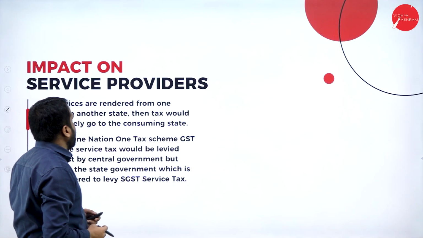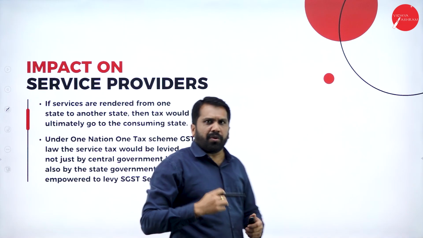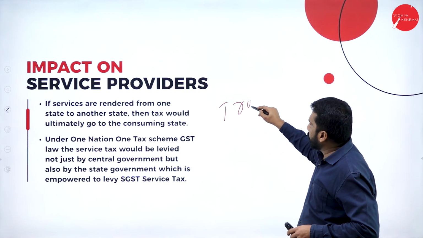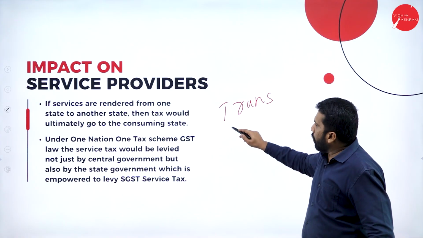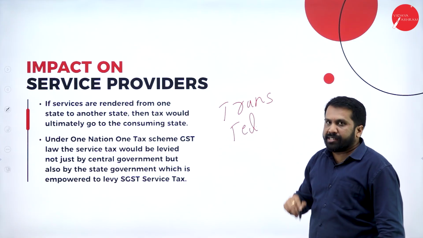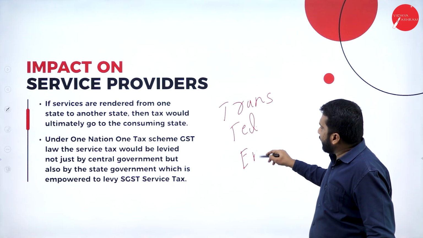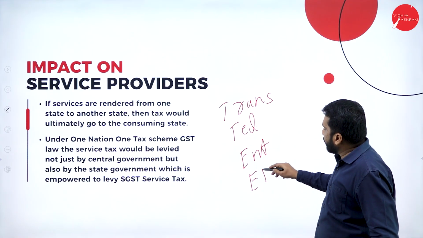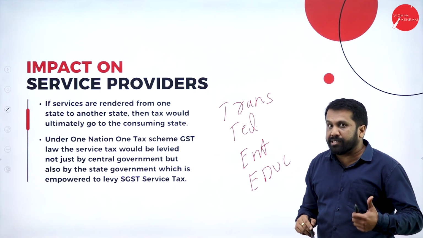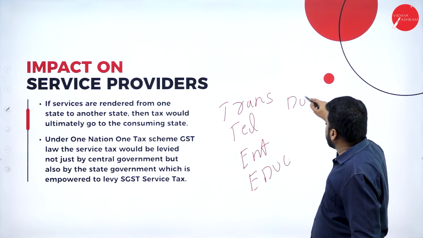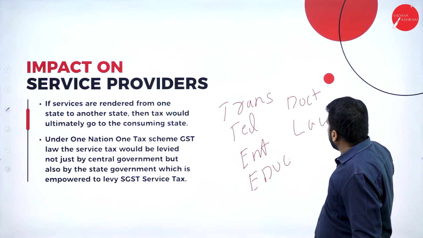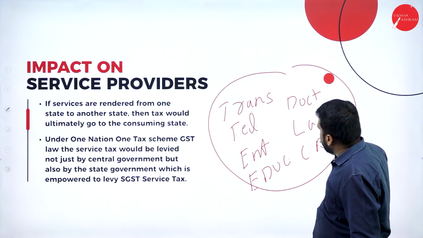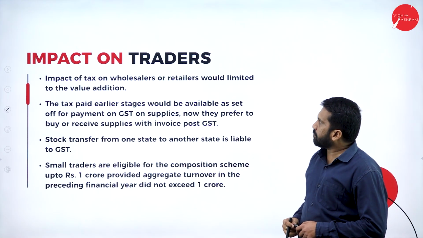Again, the impact on service providers. Who are the service providers? As I told you, all transportation are service providers, all telecommunication are service providers, all the entertainment sectors come under service providers, all the education sector comes under service providers, doctors, lawyers, chartered accountants, all come under service providers.